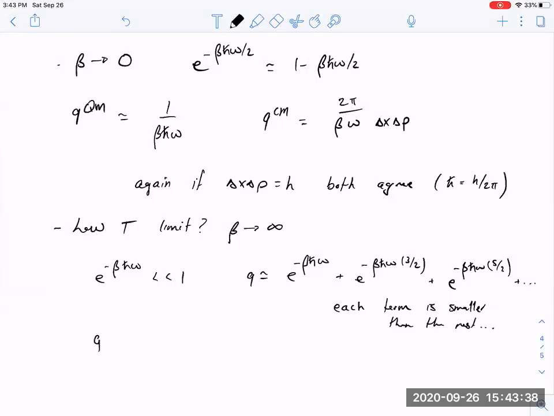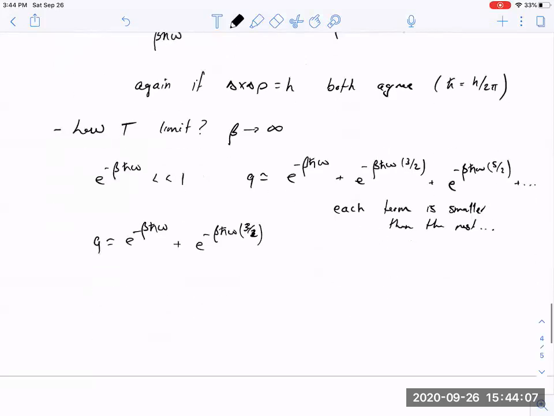So at leading order, we could just take the 2, h bar omega, like so. So at lowest order, when T goes really small, essentially it's just like I have a 2-level system again.